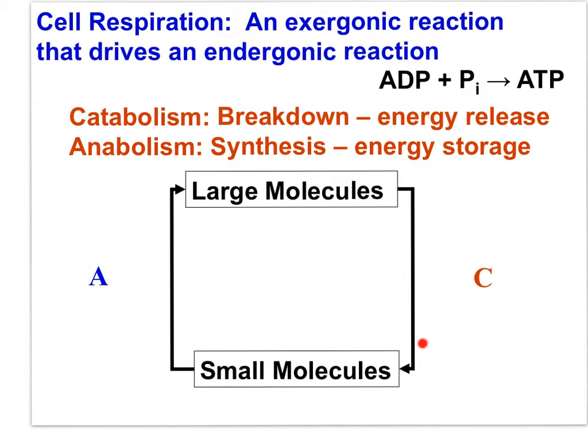The breakdown of glucose is catabolic: large molecules like glucose to small molecules like carbon dioxide and water. The energy from the glucose breakdown is used to drive the anabolic synthesis of ATP: small molecules, ADP and P, to large molecules like ATP. This is anabolism, energy storage.